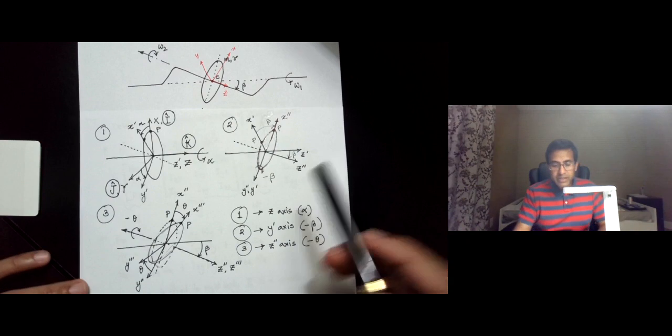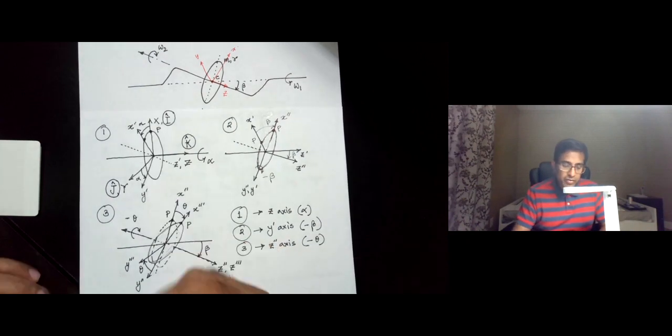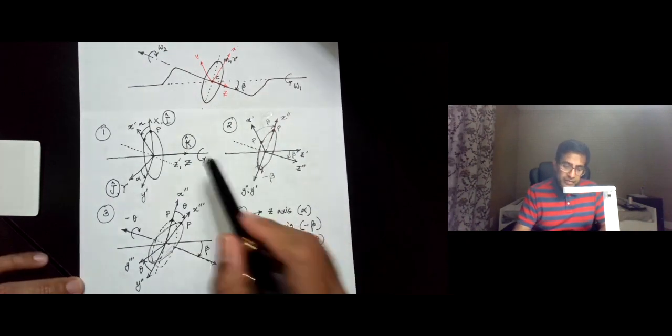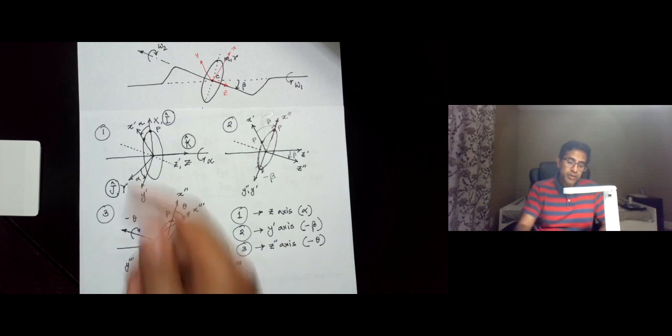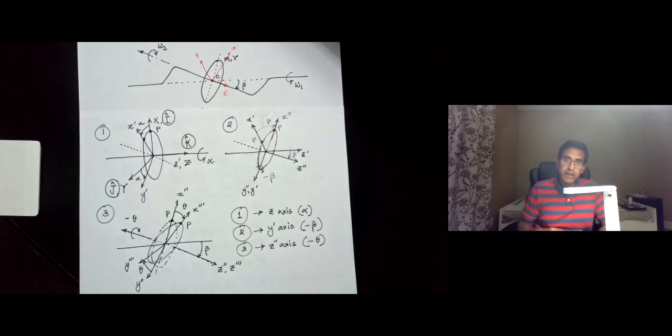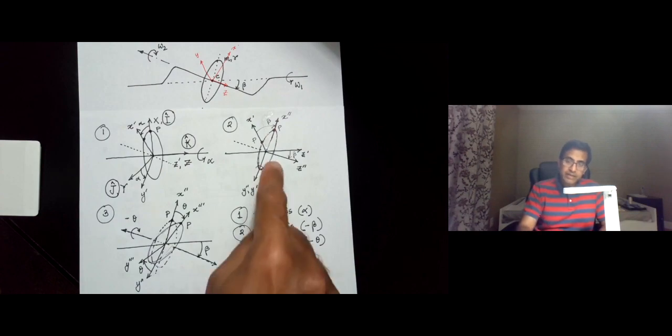One thing that you will see is that we started off with body fixed XYZ, and in the first rotation we rotated the disk about the body fixed Z axis. The second rotation was done about the body fixed Y axis, and the third rotation was also done with respect to the body fixed Z axis.